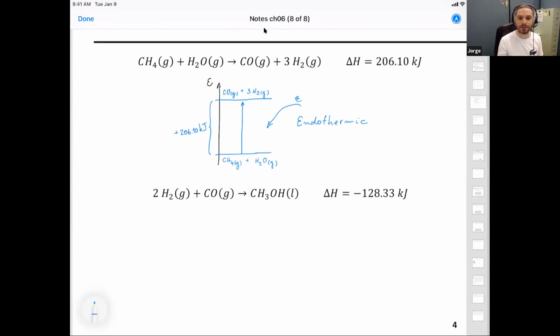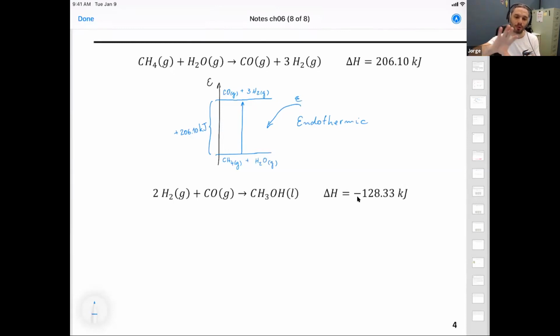Unfortunately, we don't have time to go over the second example, but as you can see, now for this second reaction, we have a delta H that is negative. So now we just have the opposite. The energy of the reagents is going to be higher than the energy of the products. The system is flowing down.